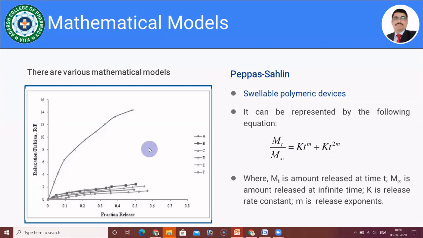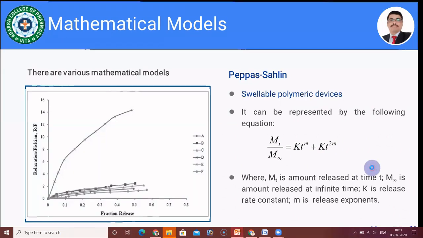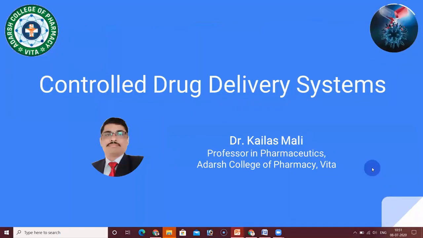So here we have finished the first chapter, that is the controlled drug delivery system. Let us move towards the summary of the chapter.